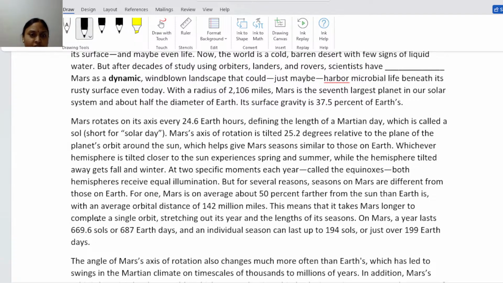Mars as a dynamic wind-blown landscape that could just maybe harbor microbial life beneath its rusty surface even today. With a radius of 2,106 miles, Mars is the 7th largest planet in our solar system and about half the diameter of the Earth. Its surface gravity is 37.5% of Earth's.